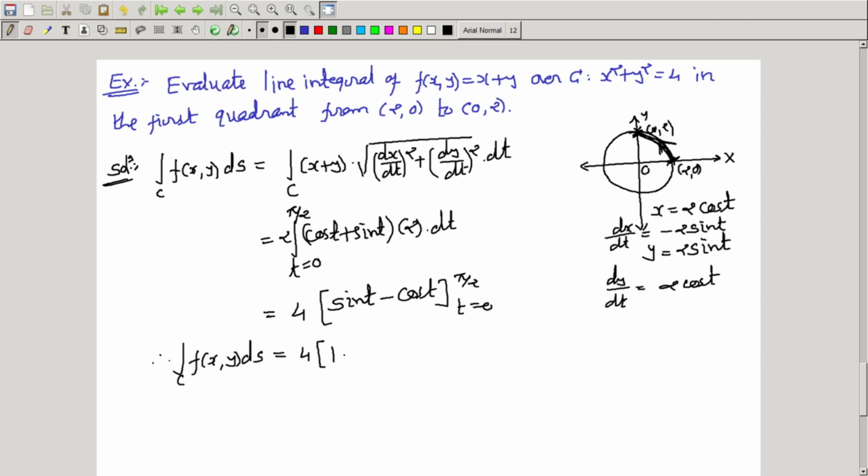Sin pi by 2 is 1, cos pi by 2 is 0, minus sin for lower limit, sin 0 is 0, cos 0 is 1, so this is equal to 8. The end of exercise.